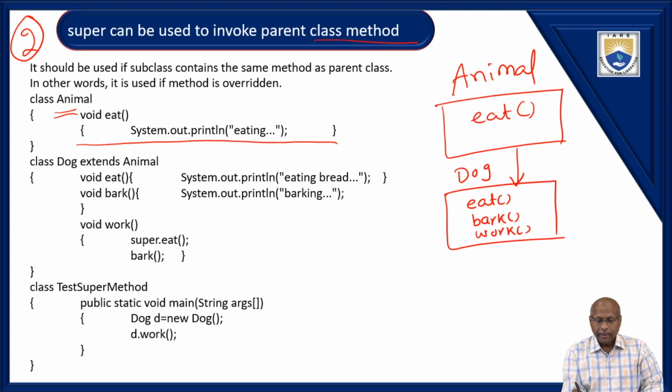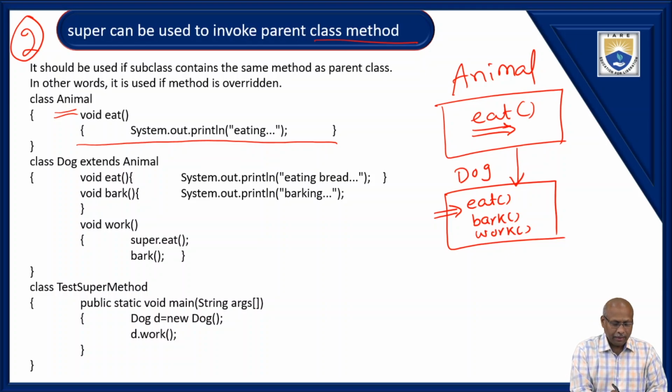If you observe, the eat method is available in the parent as well as in the child. Whenever parent and child have the same method, that is known as method overriding. In that case, if you want to call your parent's method, you can use the super keyword.